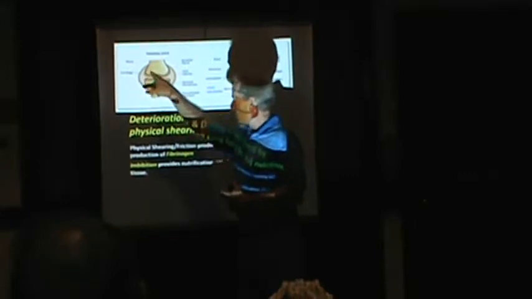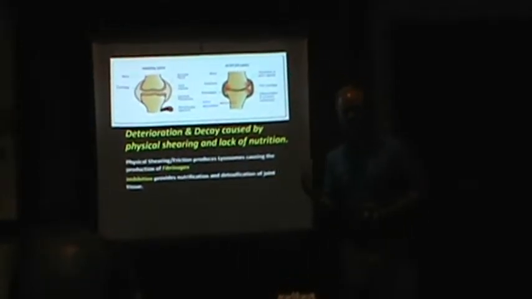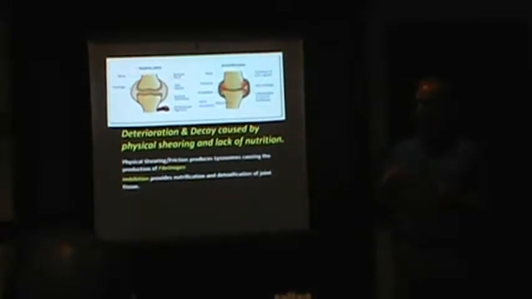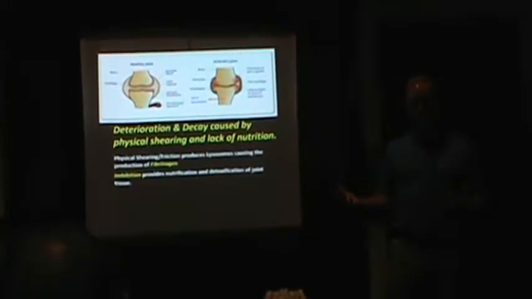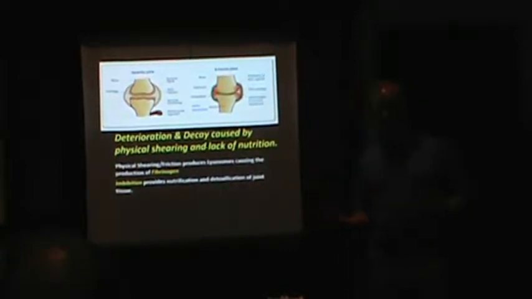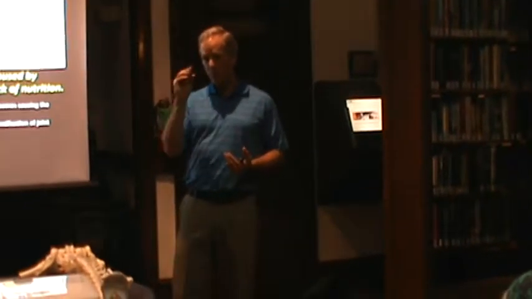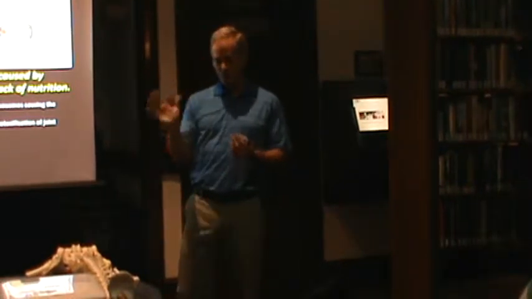With that friction on top of the cartilage, the first thing that happens instantaneously is lysosomes are released out of the cartilage. If allowed to continue, they would break down that cartilage pretty quickly. But what our body does is start to lay down what's called fibrinogen, a dense tissue.